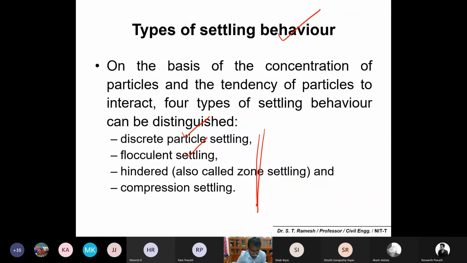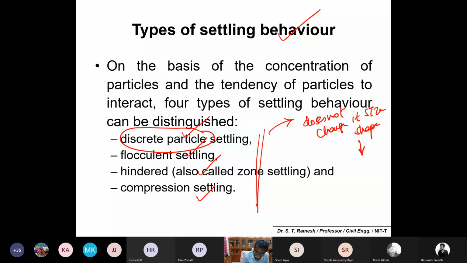Before that, you should be familiar with what a discrete particle is. Please remember the word discrete. Any particle that does not change its size or shape during the process of sedimentation is called a discrete particle. These particles are individual entities which do not affect nearby particles, and once gravity is strong enough, they settle at the bottom of the sedimentation tank without any difficulty.